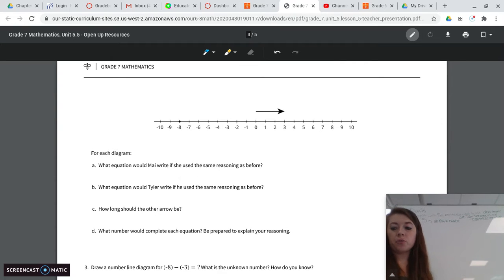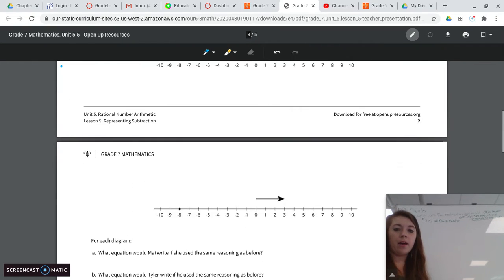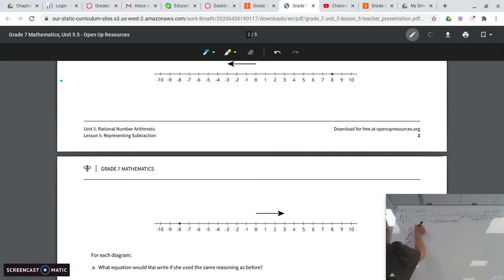For that first one, we start at -3, so she'd write -3 plus question mark equals our final answer of 8. For the second one, we start at +3, so she'd write 3 plus question mark equals -8. So those would be her 2 equations.